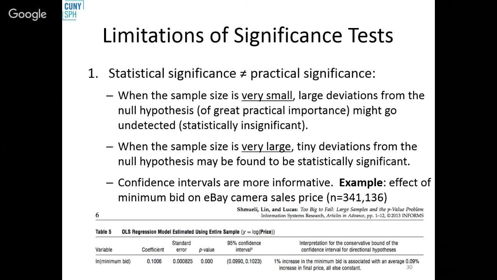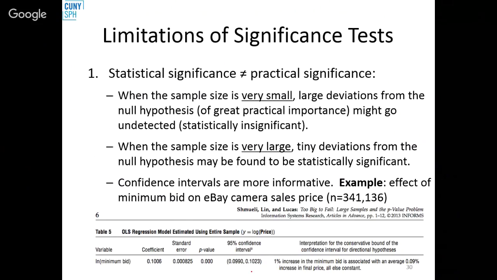And they looked at 341,000 cameras sold on eBay, did a log transformation of the minimum bid, found that it was a better linear relationship, did an ordinary least squares regression, found a coefficient of 0.1 with a tiny, tiny standard error, 0.0008, and a p-value of 0.